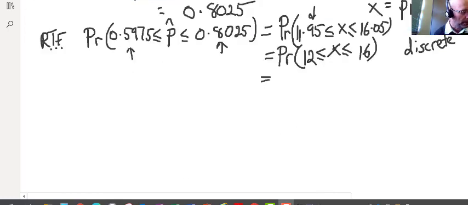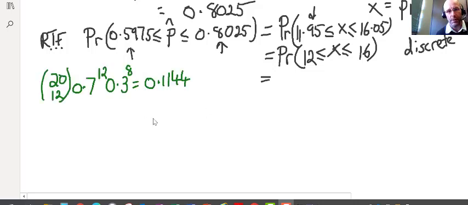No, not really. But if we've got no tech, or no graphics calculator, we need to look at this and then do a bunch of calculations. The lower limit at 12 comes out as that using our binomial distribution formula. The upper limit 16 comes out like this.